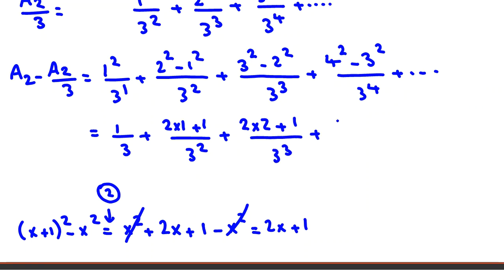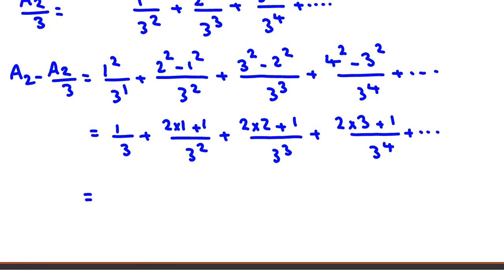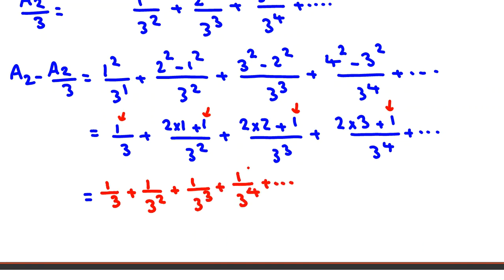So you guess the next one is what? 2 times 3 plus 1 over 3 to the 4. And so on. So let's calculate the rest. Now here I want to divide into two parts. 1 over 3, this one, all of them 1. I write them in red. It will be 1 plus 1 over 3 squared, 1 over 3 cubed plus 1 over 3 to the 4, and so on.